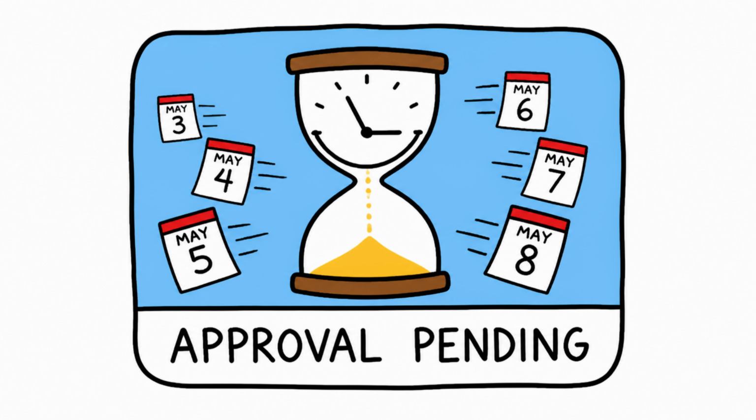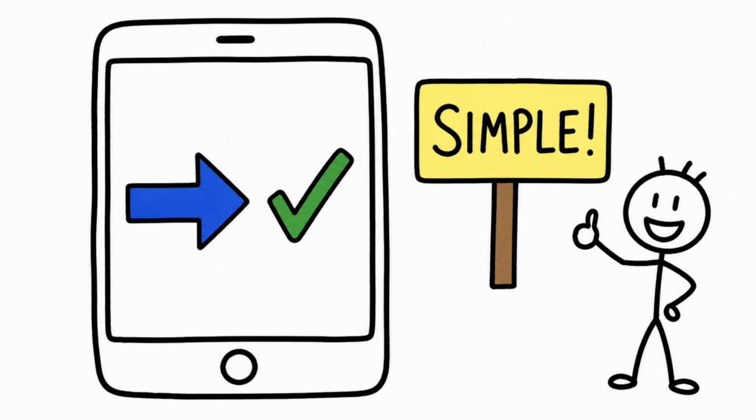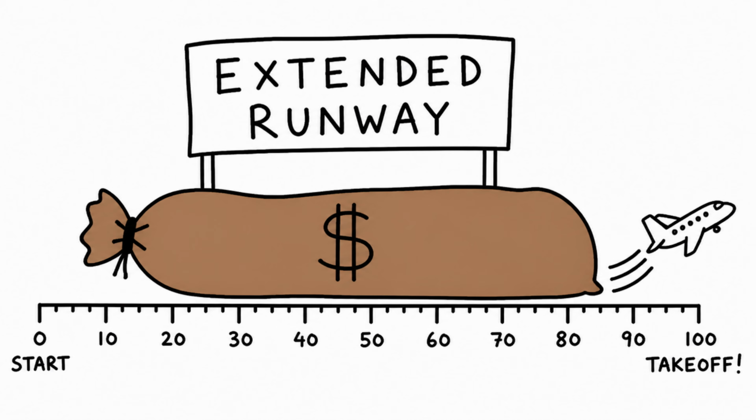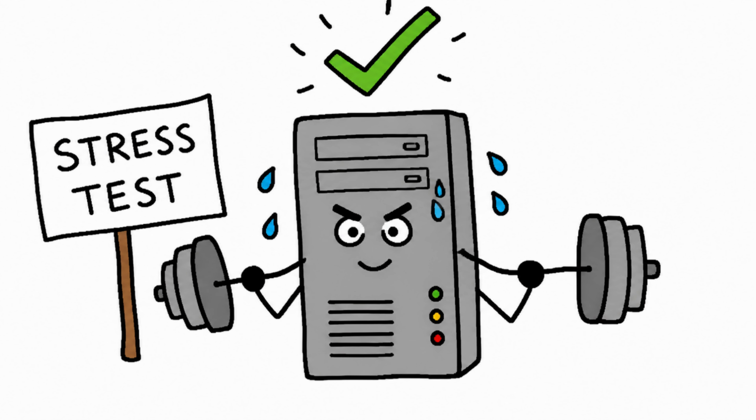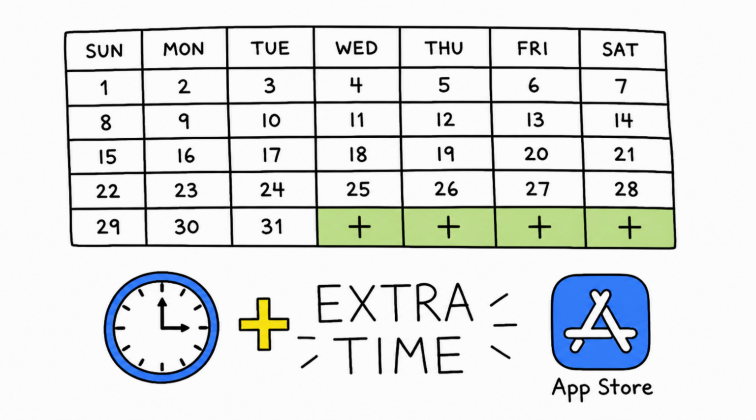They're specific, plausible stories about failure, and each one points to a clear action. Simplify onboarding, extend the marketing runway, study competitors more closely before launch, stress test the servers properly, build in extra time for approval delays. This is the real power of the exercise. It doesn't just list fears, it produces a checklist.